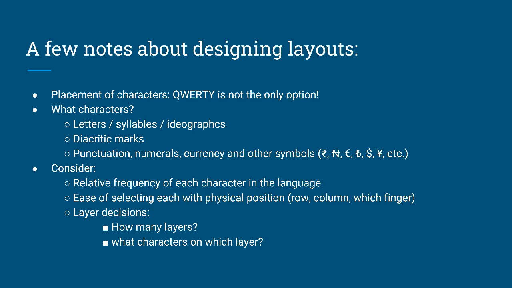In some cases, there are syllables that include both a consonant and a vowel sound, or they might be an ideographic system like Chinese or Japanese or Korean, where there are many, many characters that have to be referenced in different ways. Many writing systems use diacritic marks, and by that I mean accents, umlauts, other marks above, below, to the right, to the left, or multiples of those to change the way the letter is interpreted.